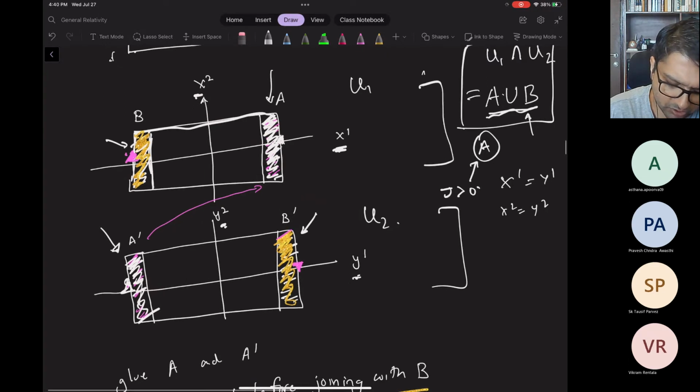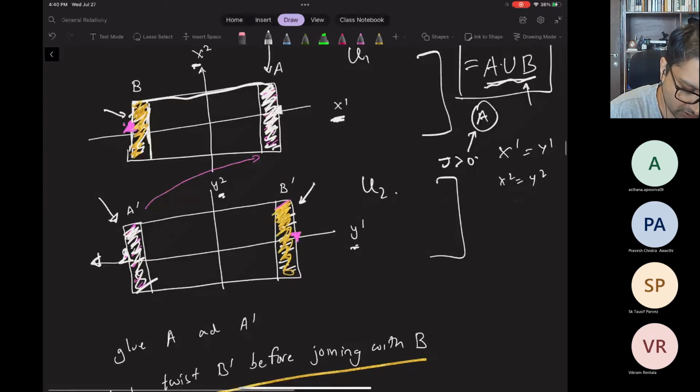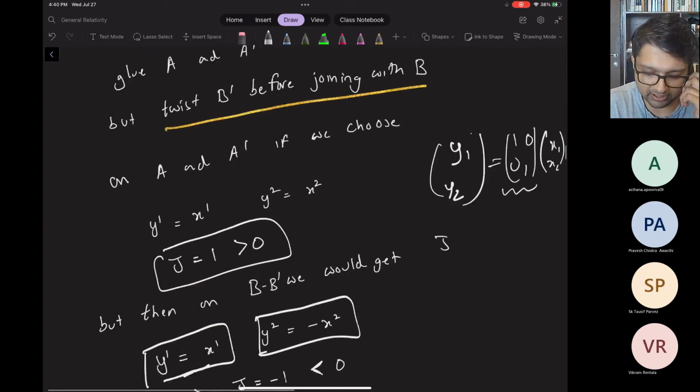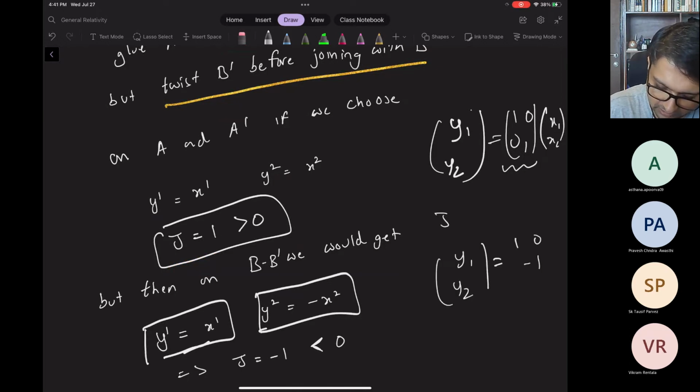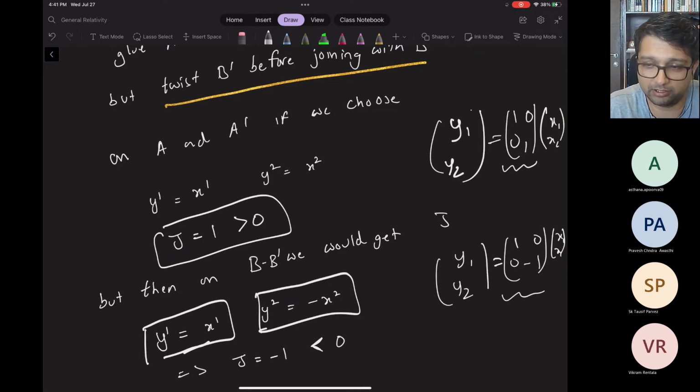And in this case, the inverse of this matrix is the Jacobian, and the determinant of that is the Jacobian, so the Jacobian will be minus 1.